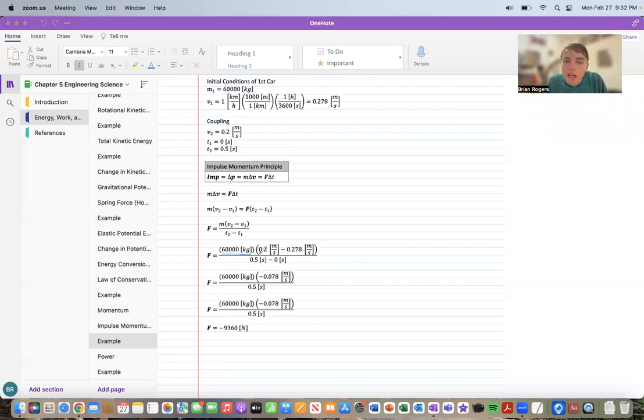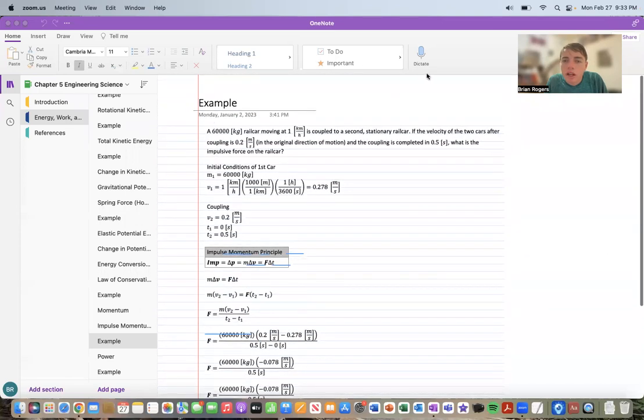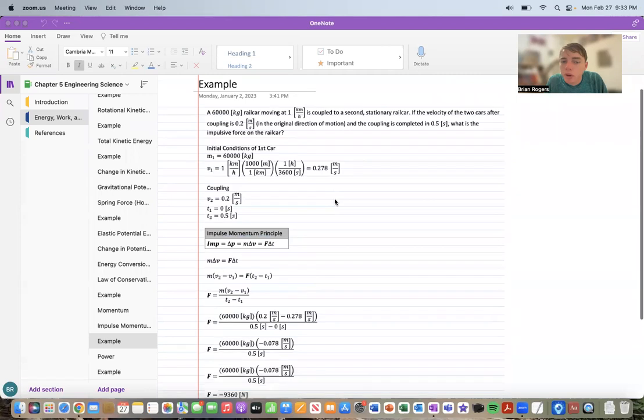The final velocity is 0.2, the initial velocity is 0.278, and the final time was 0.5 seconds, and initial time was 0 seconds. So our force was negative 9,360. Remember that the problem was asking about the impulsive force on the rail car.